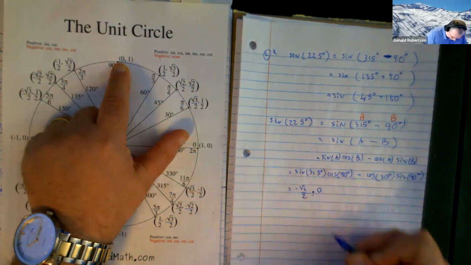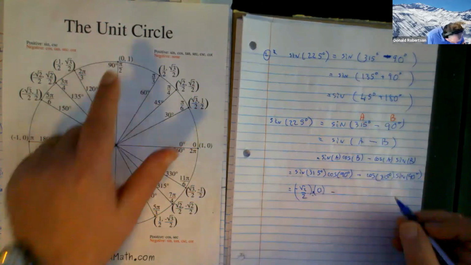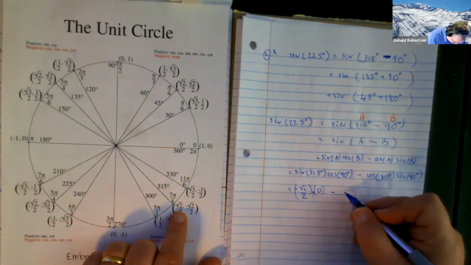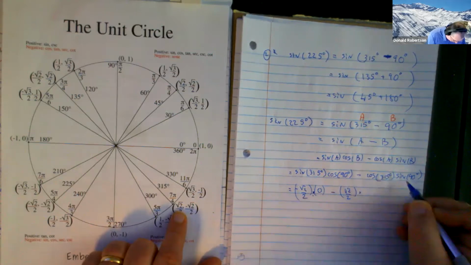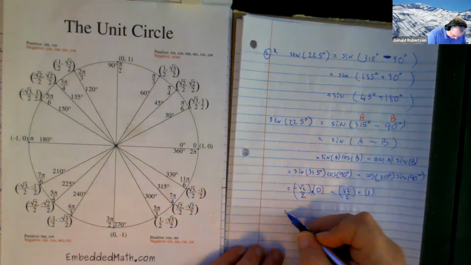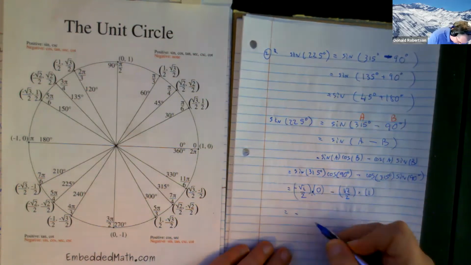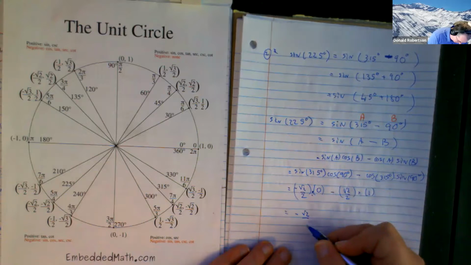So you multiply those two together. Take away the cosine of 315 degrees is positive root 2 over 2 times the sine of 90 degrees, which is 1. And that guy ends up being negative root 2 over 2.